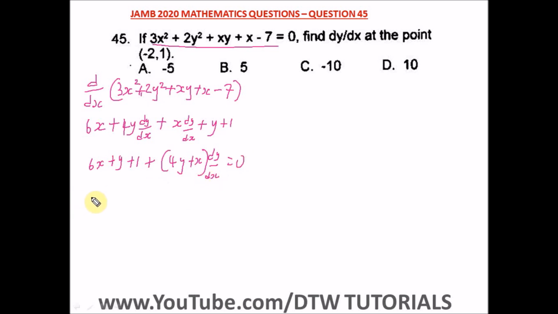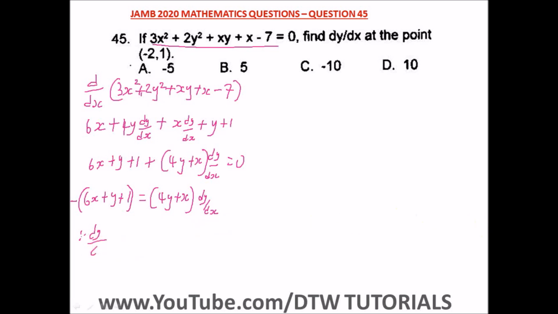We have to separate the dy/dx from the other variables. So you have 6x + y + 1 is equal to, this becomes minus, (4y + x) dy/dx.